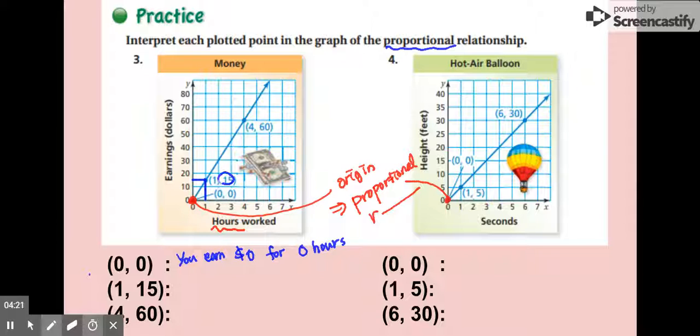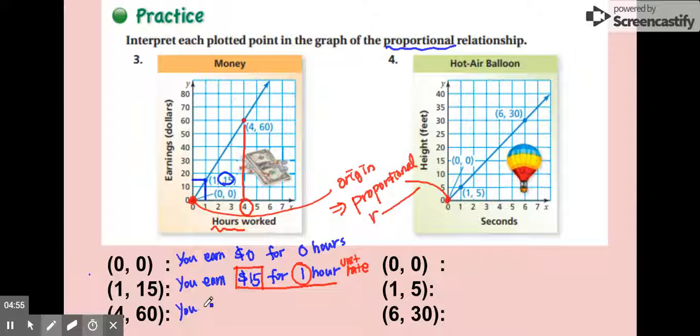You will earn $15 for 1 hour of working. Some of you already found that this is going to be the unit rate because we're talking about per 1 hour, right? So $15 is the unit rate. And what about (4, 60), which means you work for how many hours? 4 hours.